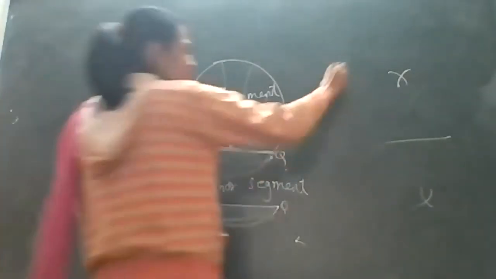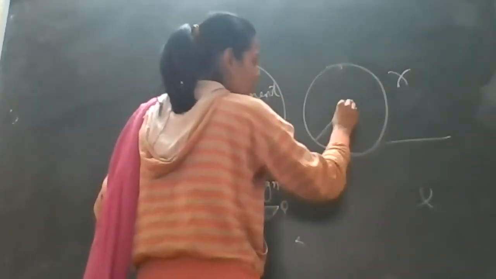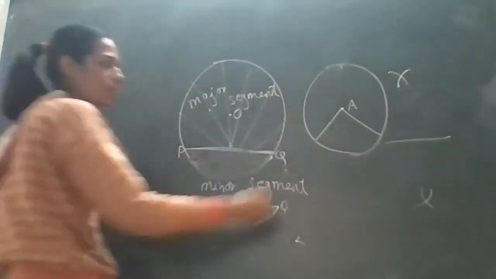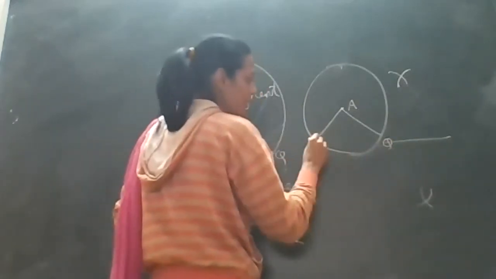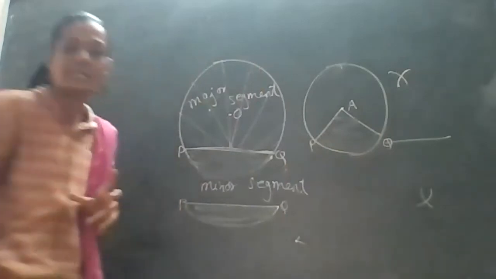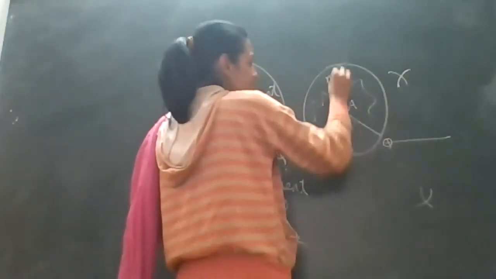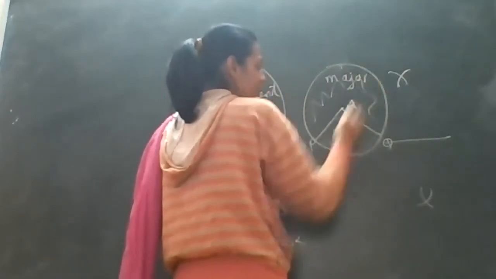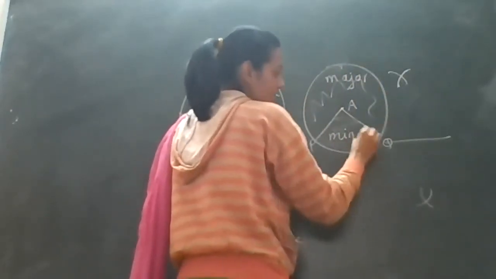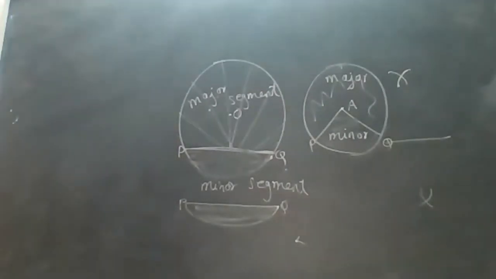Again, we can also draw it this way, with two chords. What will become here? This whole part P, A, and Q is called the minor segment, and this upper part is called the major segment, and this is called the minor segment. This one is clear to everyone now.